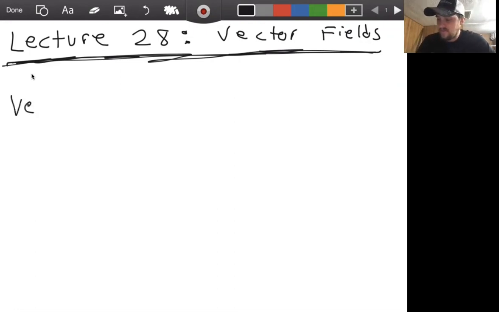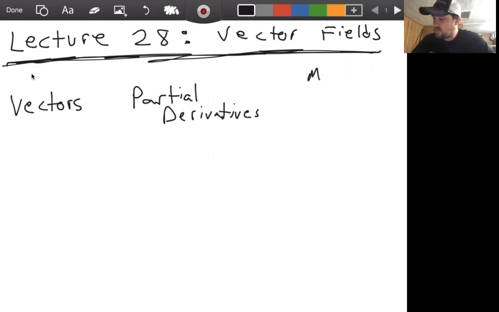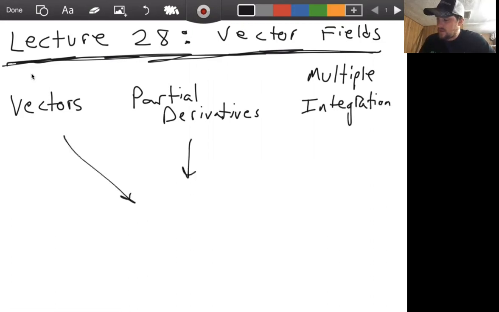So we have vectors, partial derivatives, and multiple integration. And you combine all these together, plus some other stuff, of course, physics too, a lot of physics and the applied settings, you get vector calculus.